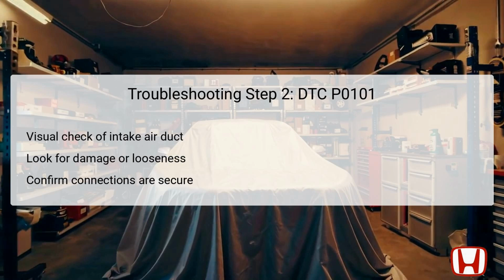In the second troubleshooting step for DTC P0101, focus on the visual integrity of the intake air duct itself. Check for any signs of physical damage, such as cracks or breaks, that could impact airflow from the throttle body to the air cleaner.